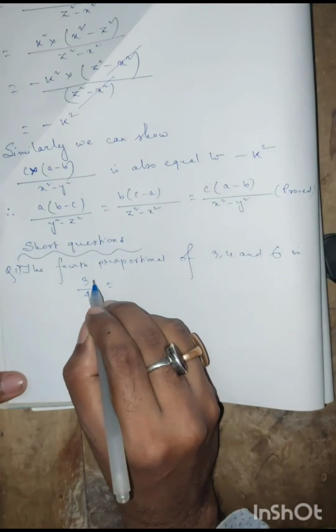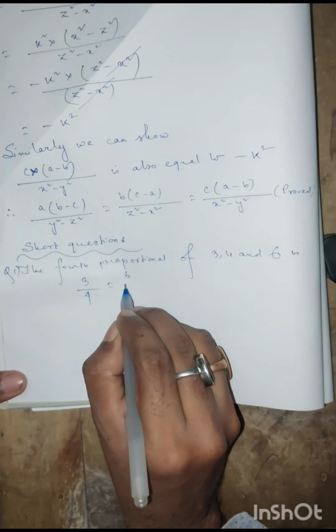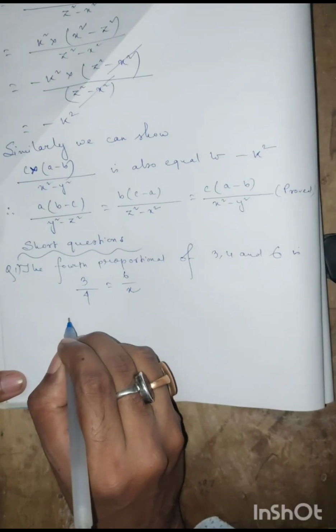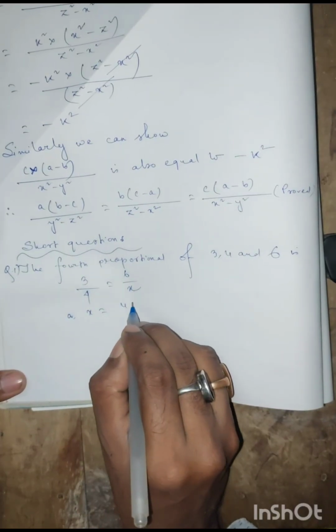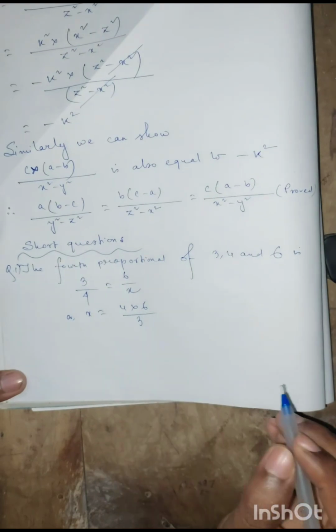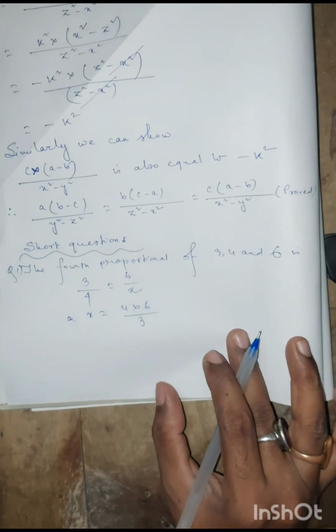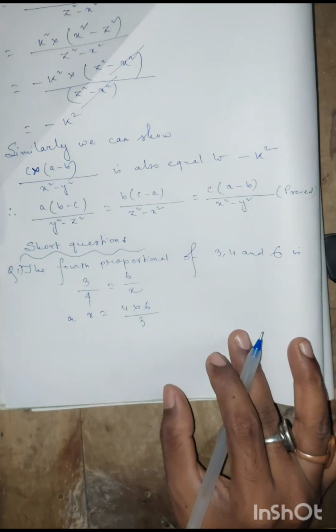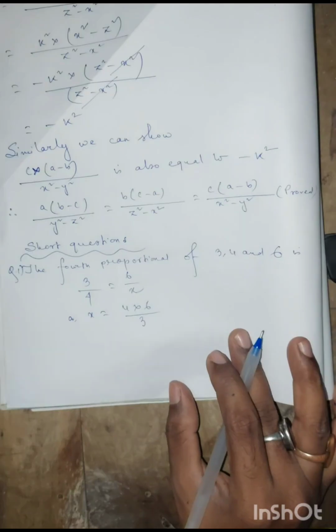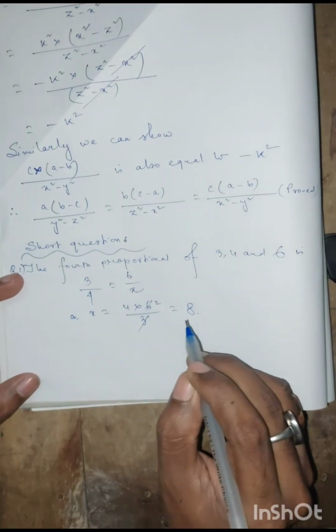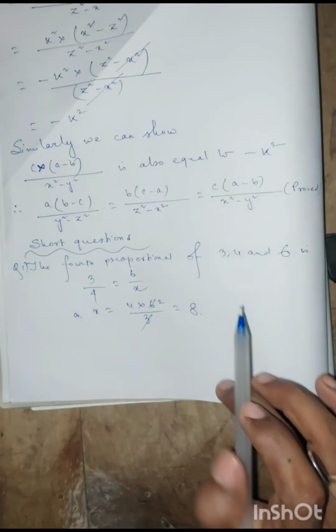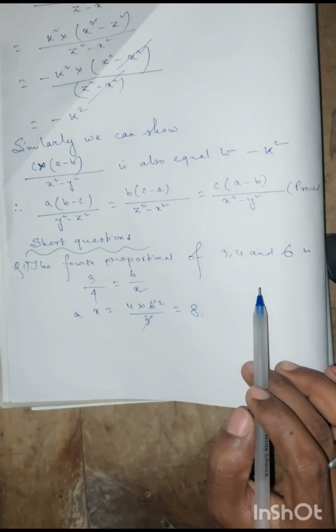So we can write 3/4 is equal to 6/x, or x is equal to 4 into 6/3. So the answer is equal to 8. So the fourth proportional of 3, 4 and 6 is 8.